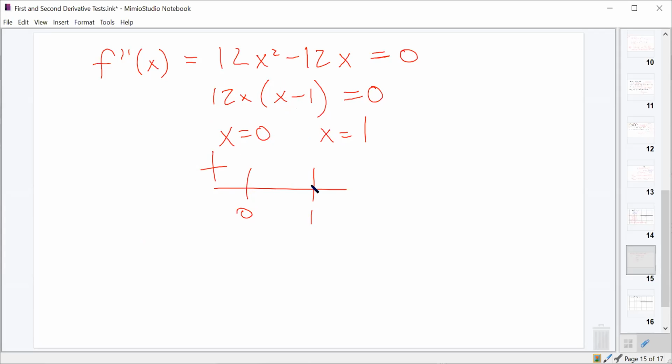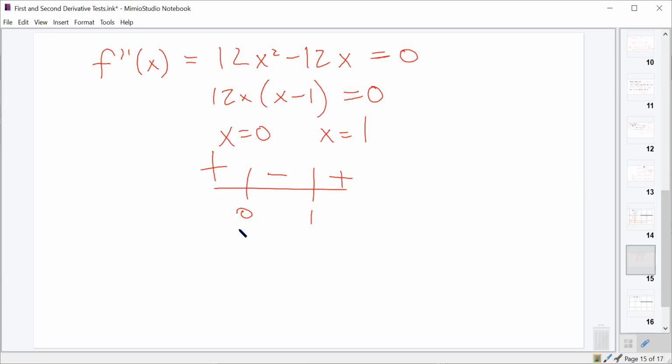And between 0 and 1, like a half ought to give us a positive and then a negative. So negative. And something greater than 1, like 1,000, should be positive and positive. So it looks like we have how many points of inflection? Looks like we have 2 points of inflection, right?